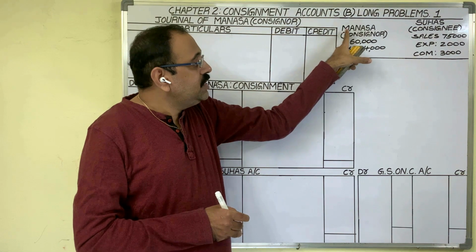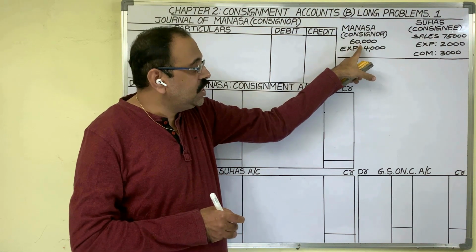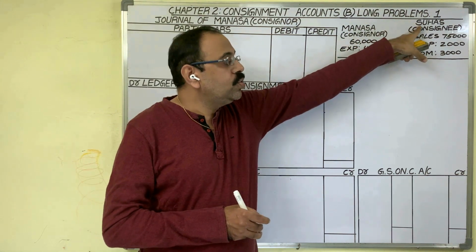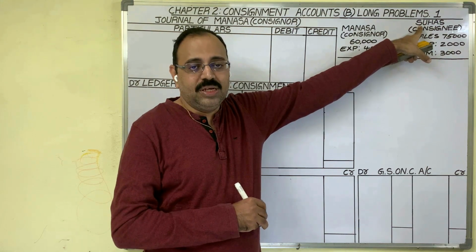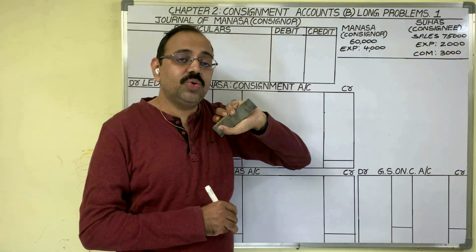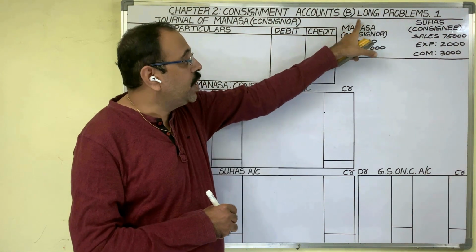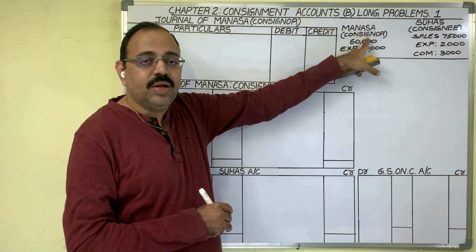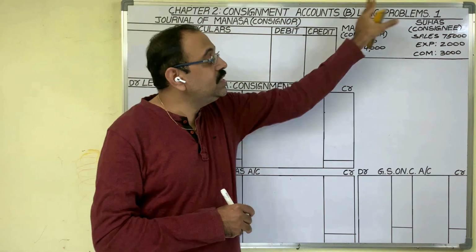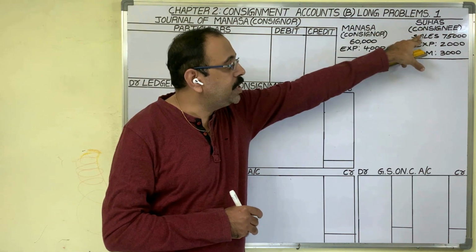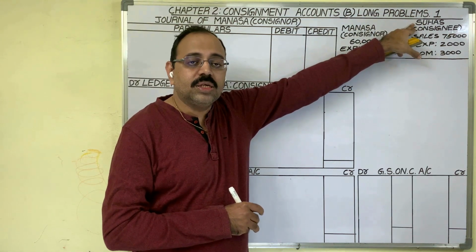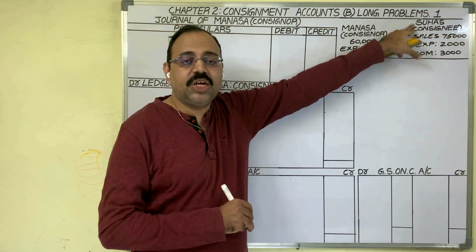Then Manasa is sending her goods, 60,000 rupees worth of goods, to Suhas for sales purpose. Who is the owner of these goods? Manasa. Therefore Manasa is known as the consignor. And to whom is she sending the goods for sales purpose? To Suhas, who is an agent of Manasa.